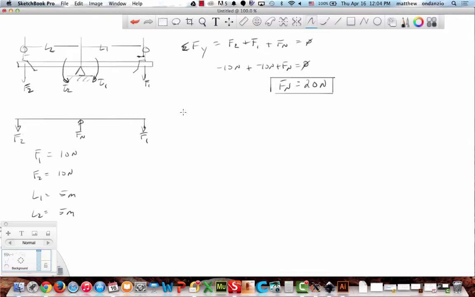Now, yesterday we talked about the sum of the torques, right? And I'm going to call this point A, point B, and point C. Yesterday, we did the sum of the torques around point B, right? And we said there were some torques. What were the torques that we were summing up?